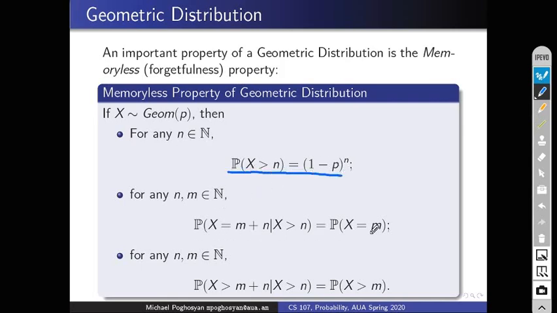Now I want to prove this. Let me do that on the board. So I'm erasing and going to the board. The probability that x is equal to n plus m given that x is larger than n.